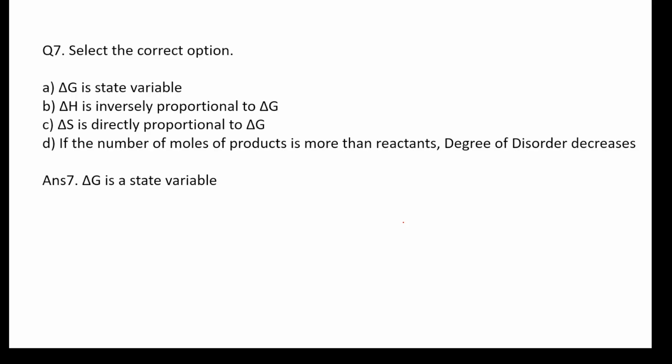Okay. So your answer is correct. Delta G is a state variable, that is option A is correct. So as I explained earlier, delta G is equal to delta H minus T delta S. So from this equation, if delta H is increasing, what will happen?